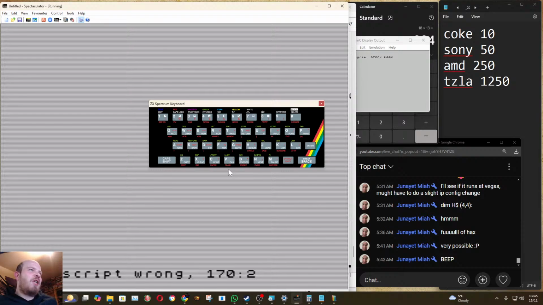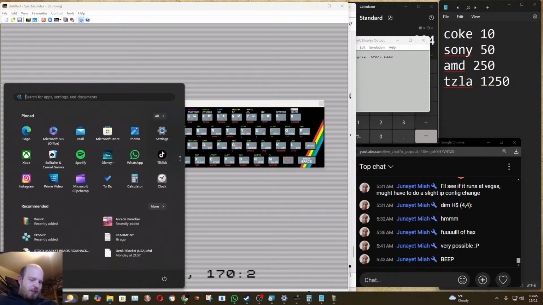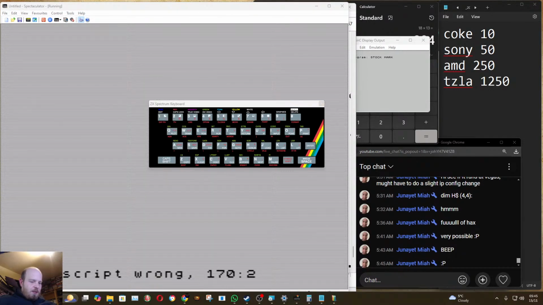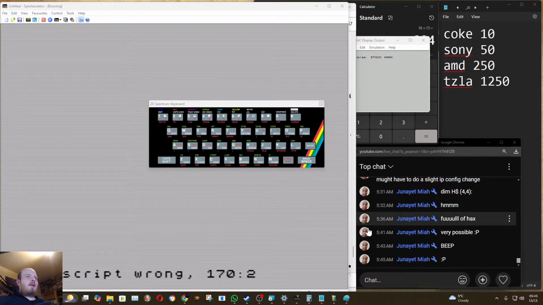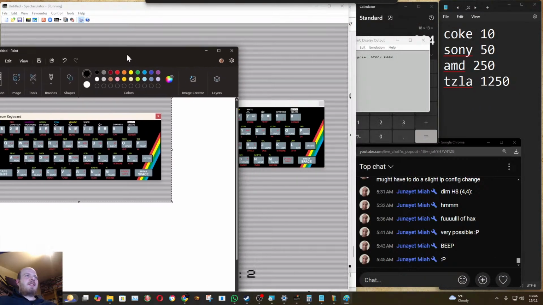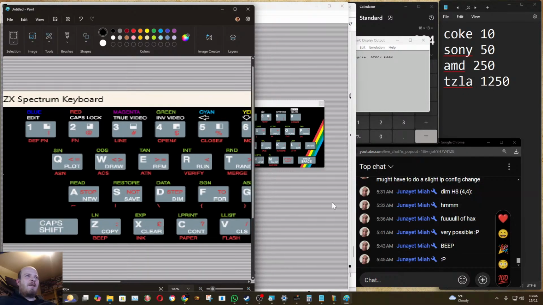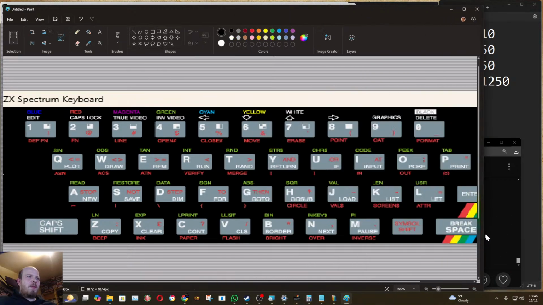But you see, each key has like, if I go into paint, you can see better. Each key has several different things that it does. Like, it's highly advanced, this system, right?